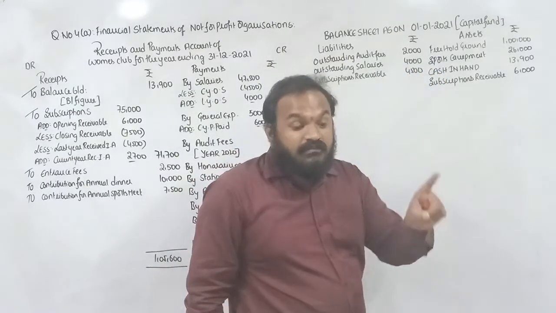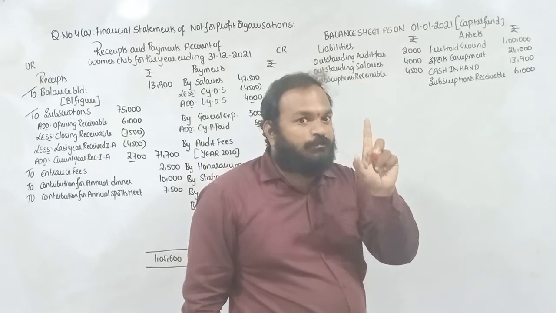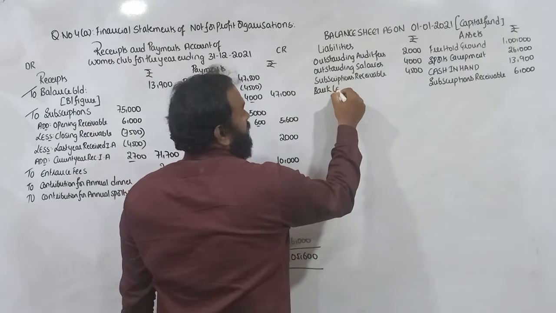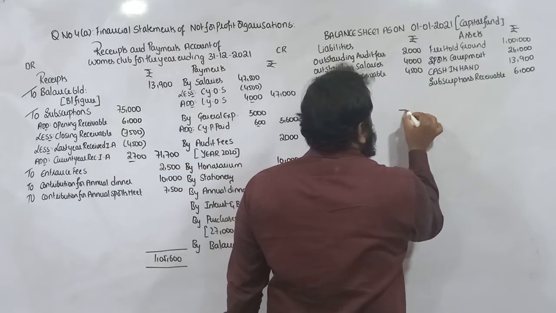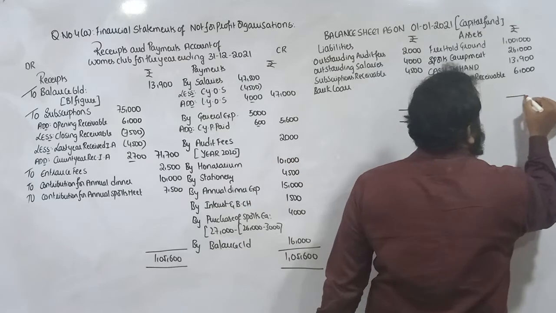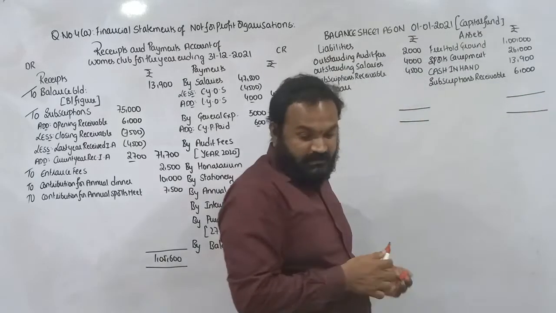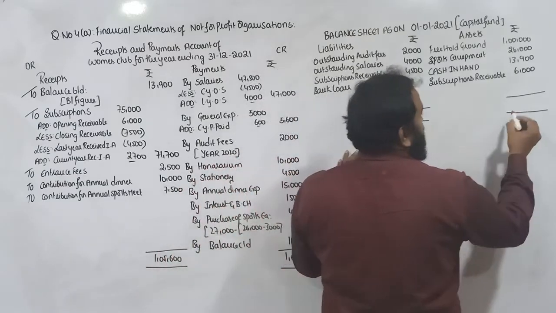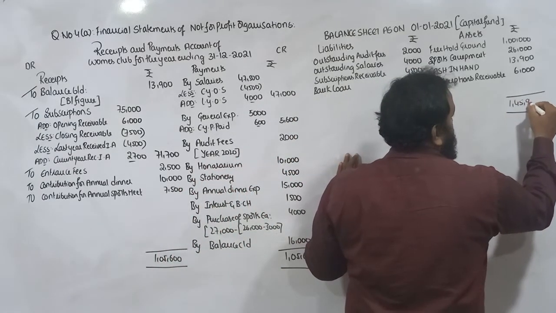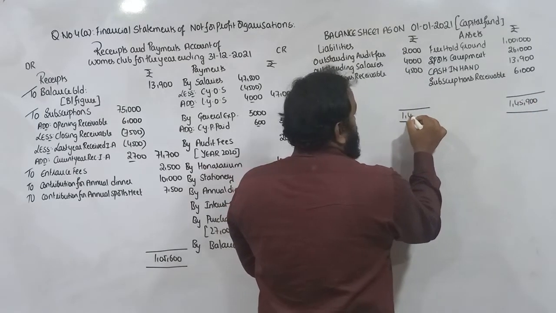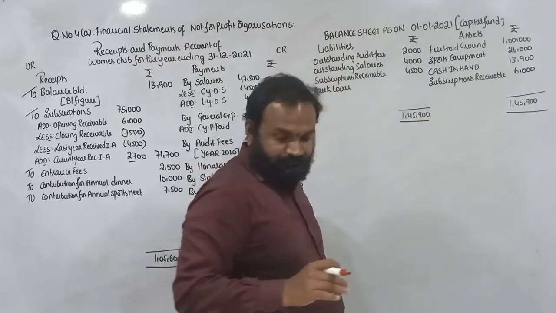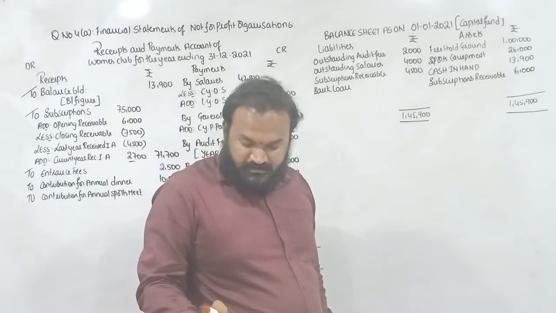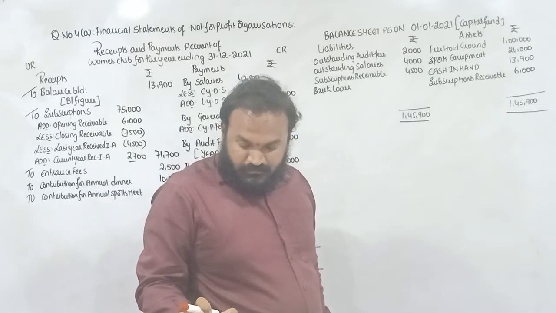4,500. Next, bank loan. Opening is coming or not? Right. Bank loan. Right. So see the total. So 1 lakh plus 26, 126, 132, 145,900. 145,900 minus 2,000 minus 4,000, 4,500.